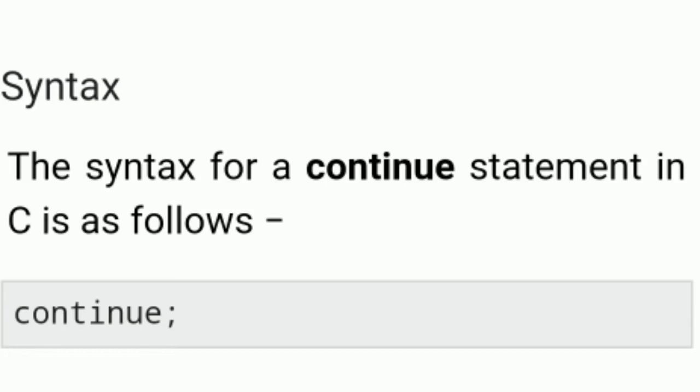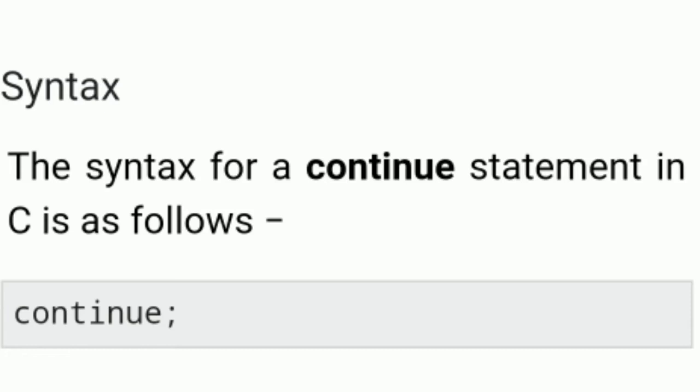For the while and do while loops, the continue statement causes the program control to pass to the condition test. It is simple, just like the break statement. Similarly, it is continue ended with a semicolon.